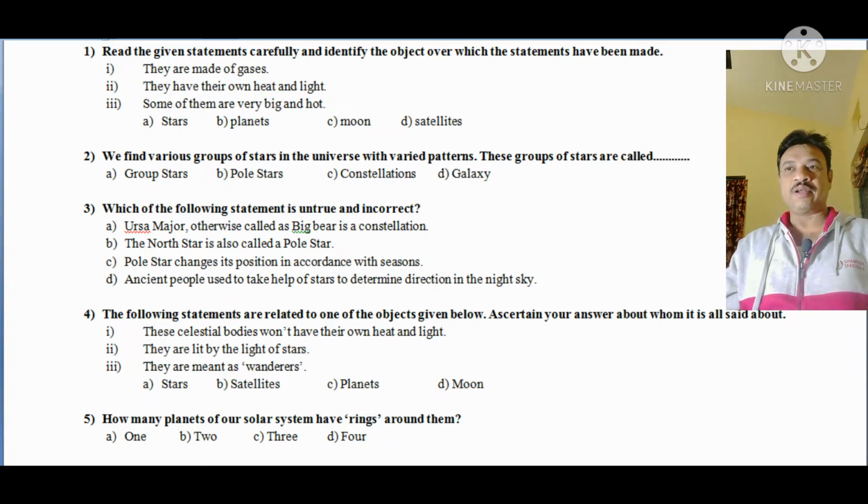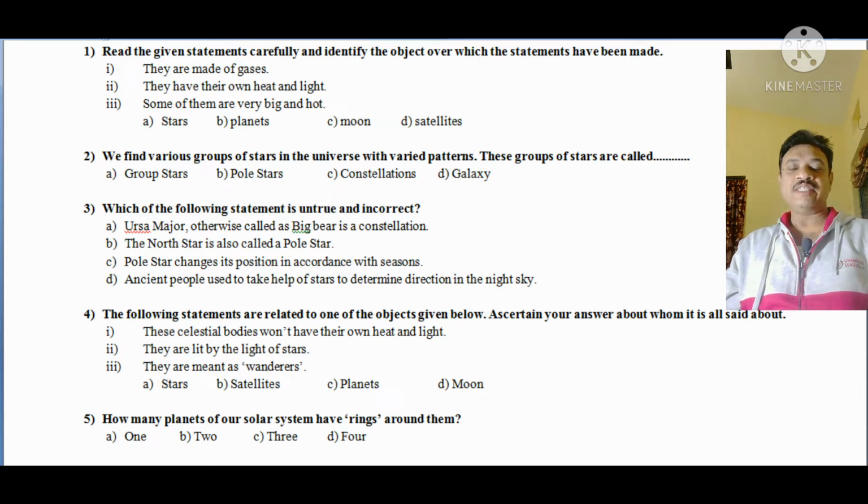Question number three: which of the following statements is untrue or incorrect? First, Ursa Major, otherwise called Big Bear, is a constellation. Second, the North Star is also called a pole star. Third, pole stars change their direction according to season.